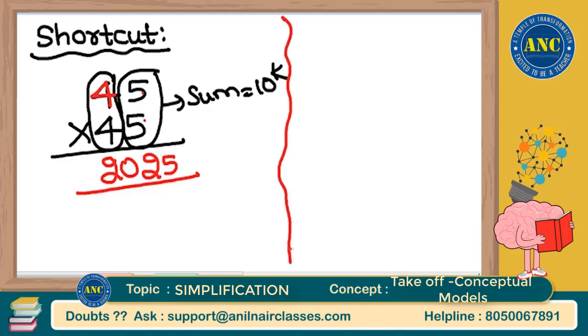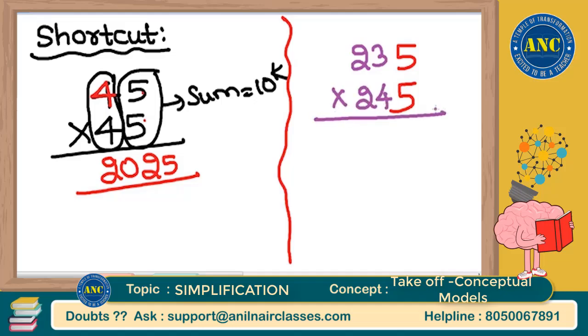Suppose again there are two numbers which are ending with 5. Listen carefully, sir. Suppose I have 235 and 245. What is the difference between these two numbers? The difference is 10, provided the numbers are ending with 5. This is very important.